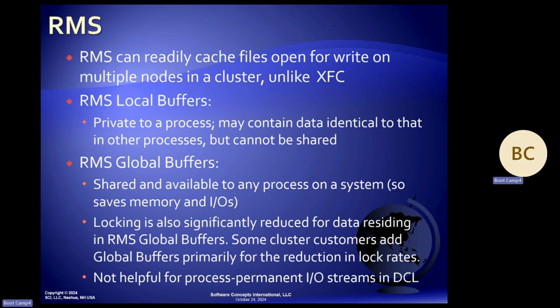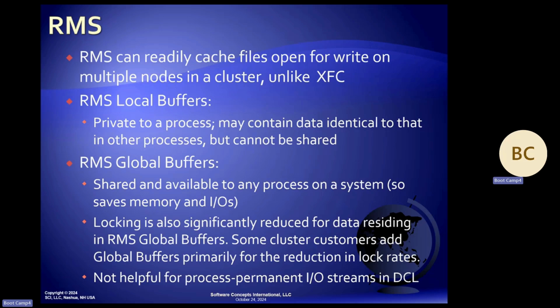The other thing that RMS global buffers help is that because of a change in algorithms, data that resides in global buffers requires fewer lock requests to access. Basically, they read the data into the global buffer, they set a blocking AST on it, and if anybody else needs it, they can go ahead and look at it.